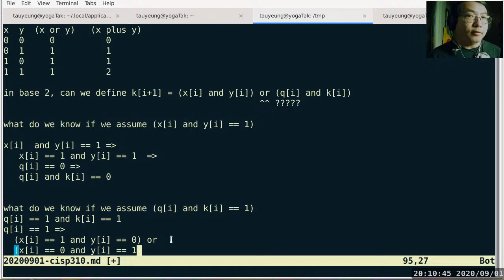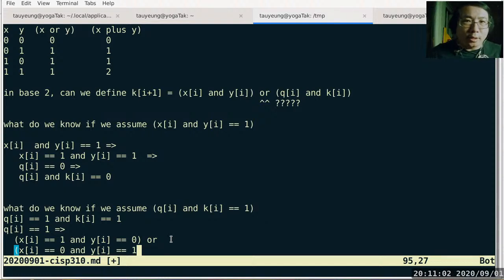Are we okay so far? Just knowing that Qi is a 1, we know x and y are opposites of each other. Okay, so we are good with this.